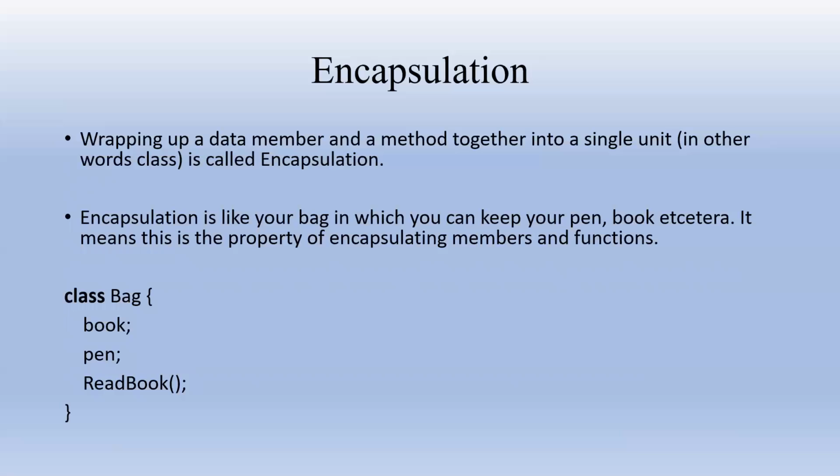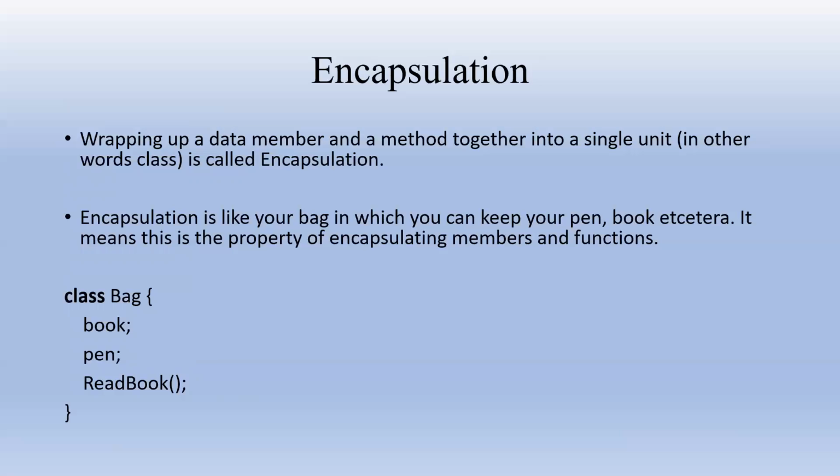Next comes encapsulation. Encapsulation in layman's terms is wrapping up all the data members and the functions together into a single unit, or a single capsule. An example is your bag in which you can keep your pen, book, etc. It means this is the property of encapsulating members and functions.